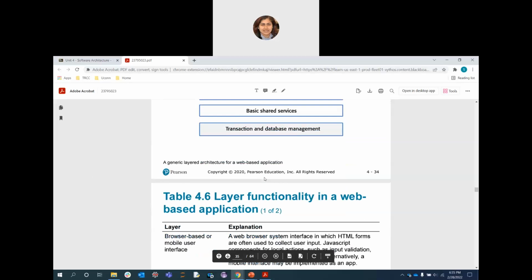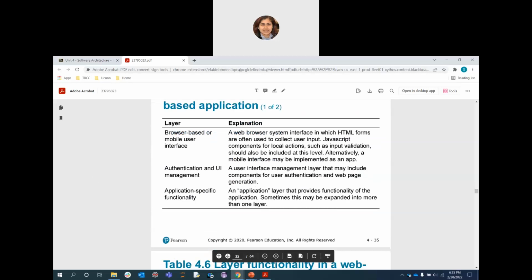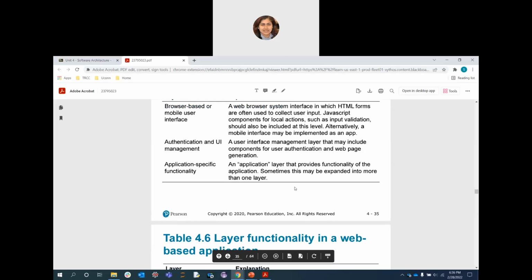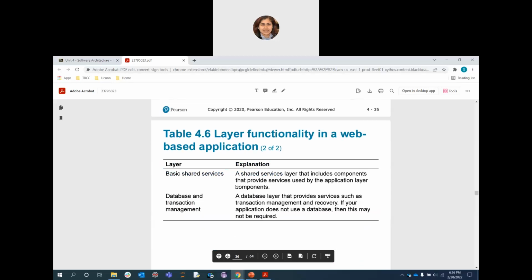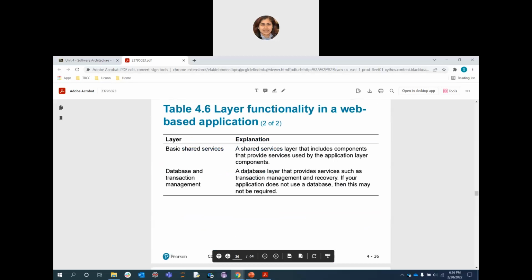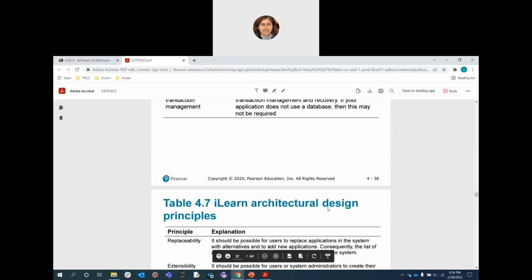Its explanation is provided in this table here: the browser-based mobile user interface for that particular example, the web application, authentication and UI management or application-specific functionality, and the other two, basic shared services and the transaction management that I just mentioned.